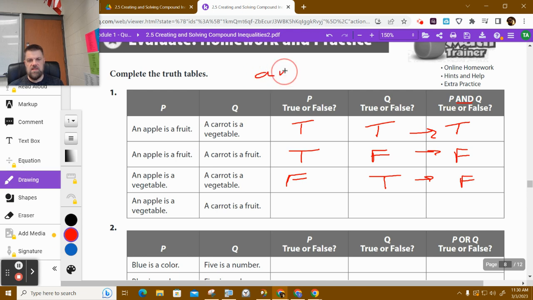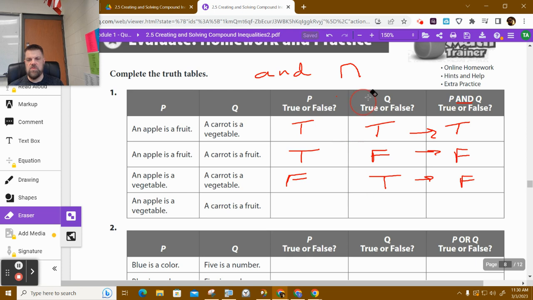The word and can be represented by this symbol. So truth and truth and truth. In other words, we're saying P and Q. Okay? Actually, I'm just going to erase that because I think that'll confuse you guys. We'll just do it the way the book is.